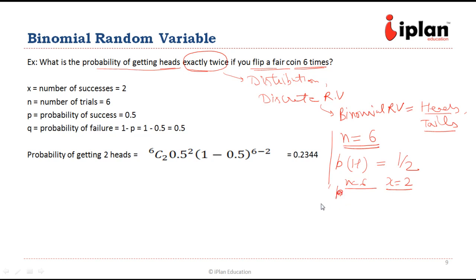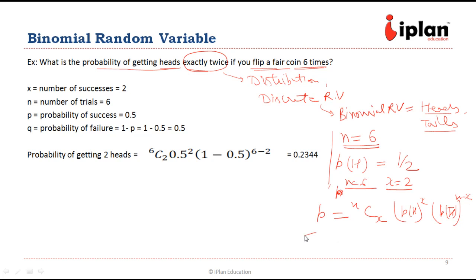Okay, so the probability is nCx, the probability of getting heads to the power x into probability of not getting heads or probability of getting tails to the power n minus x.